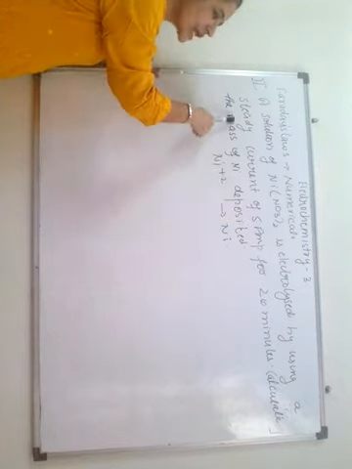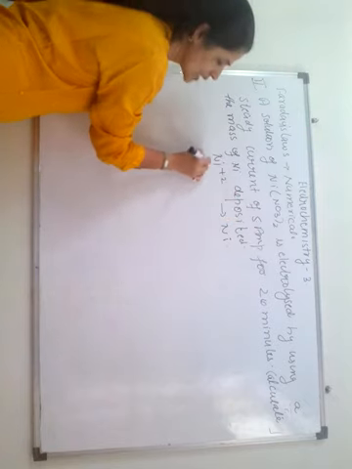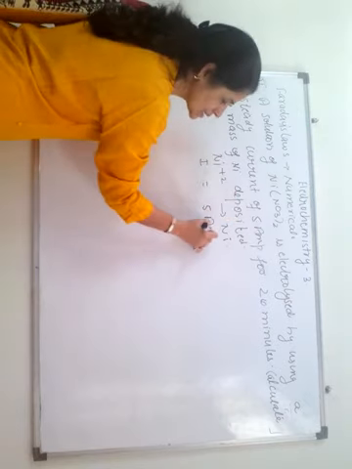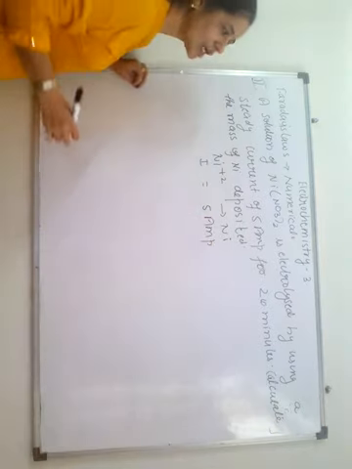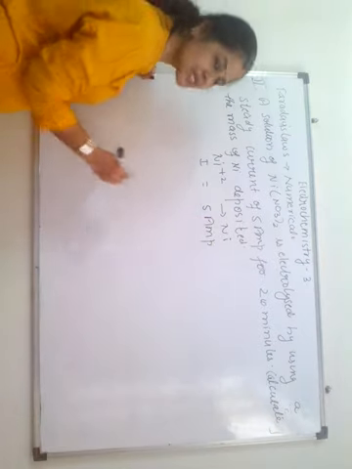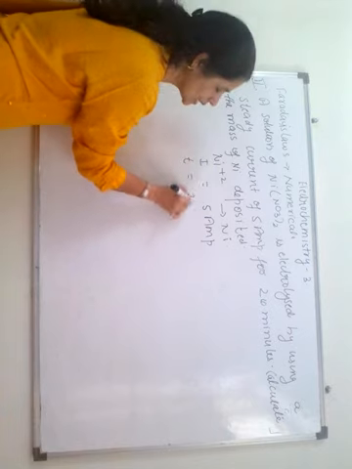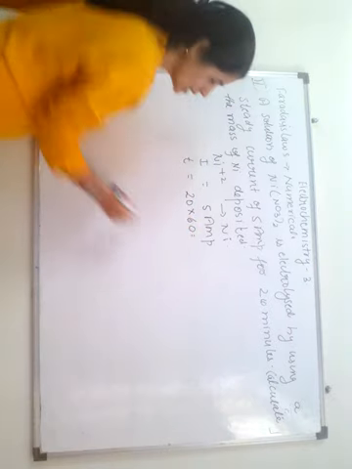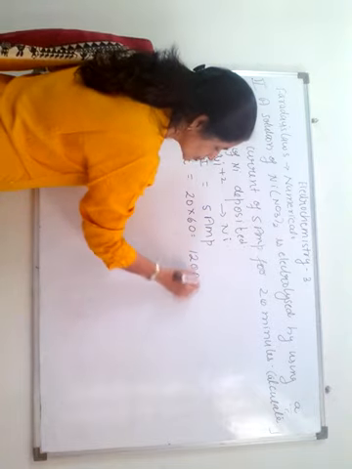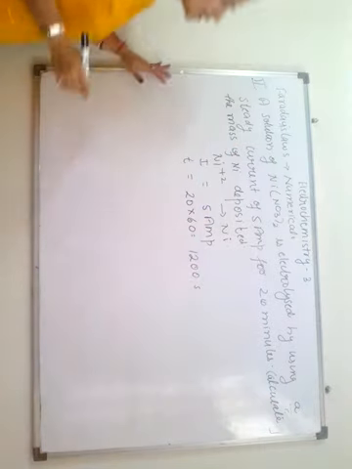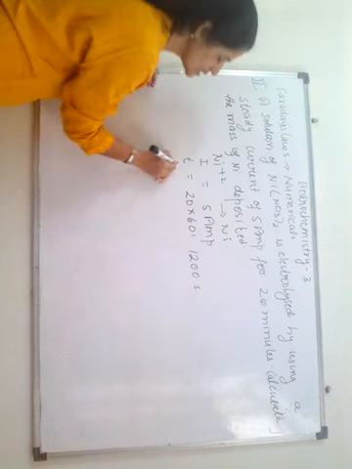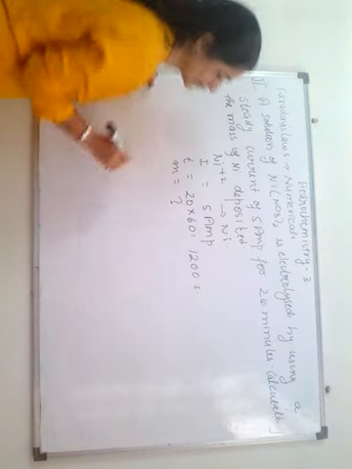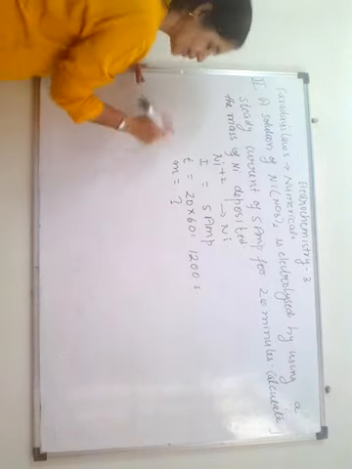By using a steady current of 5 amperes, I is 5 amperes, for a time period of 20 minutes, T is 20 into 60. Time is to be taken into seconds, that is 1200 seconds. We have to calculate the mass M deposited here. That is the data given.